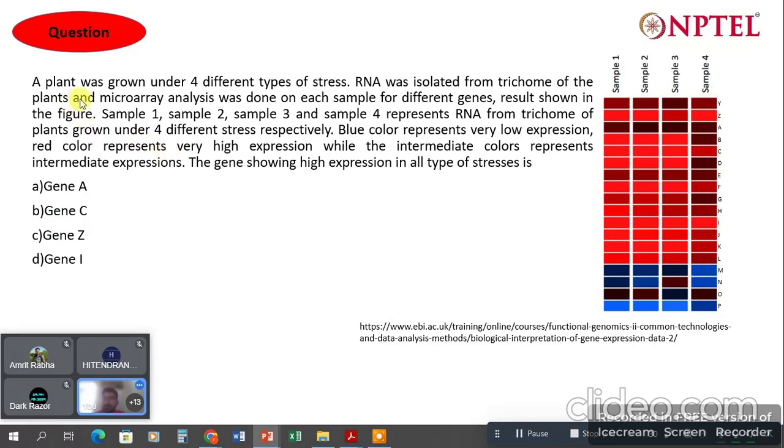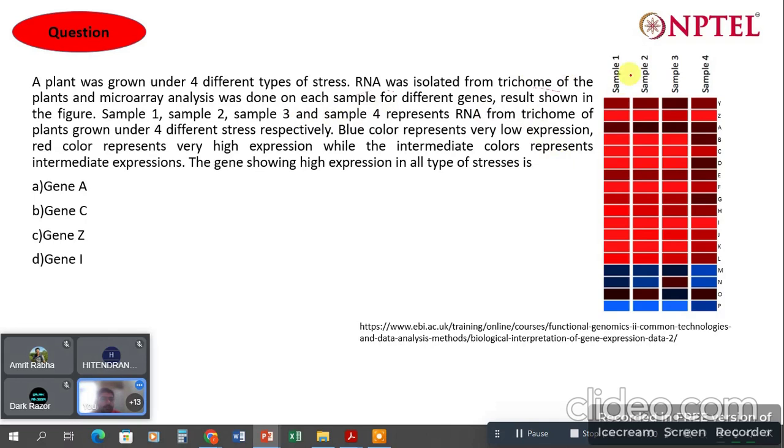A plant was grown under four different types of stress. That can be anything, stress from 1 to 4, and RNA was isolated from the trichome of the plants. Trichome is basically the epidermal shoot hair that is present on the plant. RNA was isolated from that, and microarray analysis was done on each sample for different genes. The result is shown in the figure.